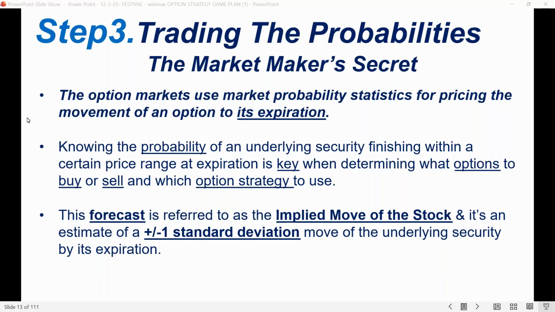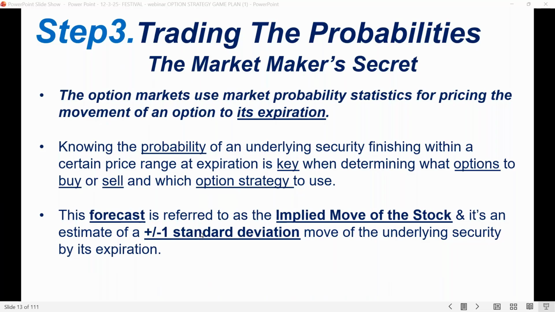By knowing the probability of your underlying security or stock finishing within a certain price range at expiration, this becomes key to determining what options to buy or sell and what option strategy you should use. This forecast is what we call the implied expected move, or the implied move of your stock. It's an estimation of about a plus or minus 1 standard deviation move over the underlying security period, into its expiration.